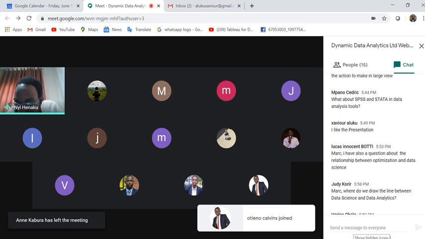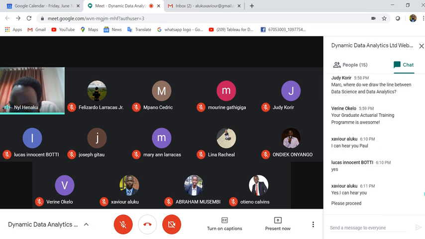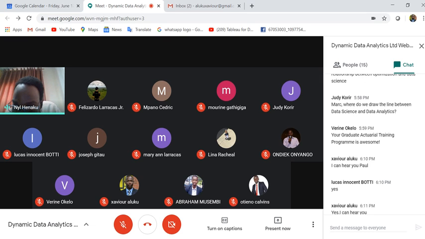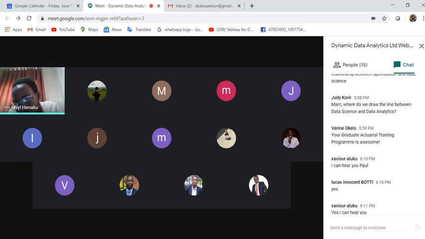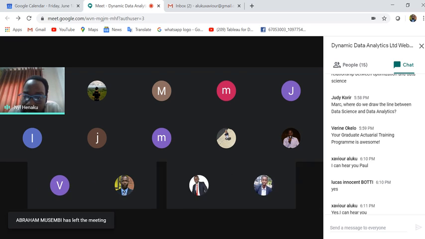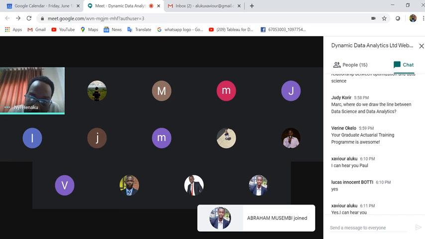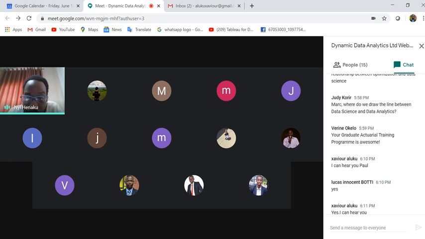Then I am seeing another question that says, where do we draw the line between data science and data analytics? Okay. Data science has to do with the science of it, and by that I mean the statistical bit of it.